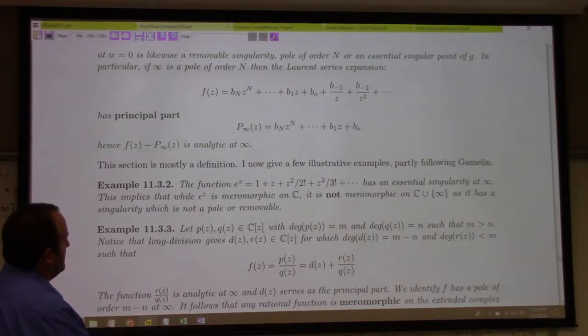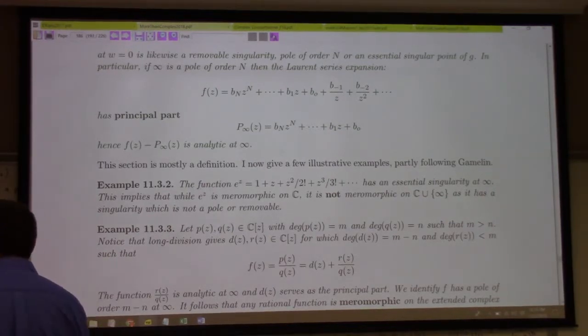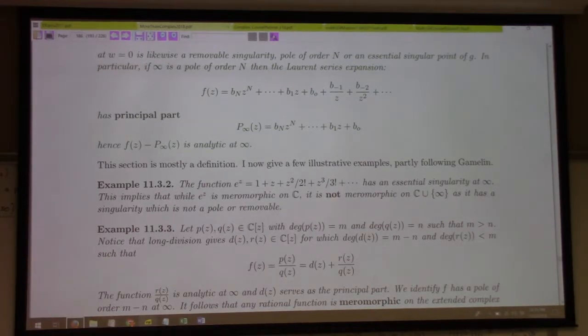The reason I was confused about it when I originally saw it is because the principal part in a pole at some other point doesn't include the constant, if I remember. Yeah, we should be suspicious of that then. I will say though, do you see what I'm saying? If we do include the constant in the principal part, then that makes the piece which is analytic at infinity.